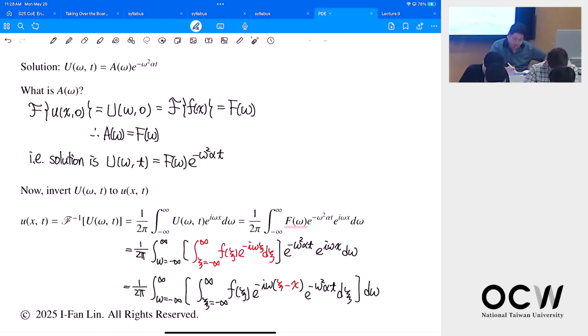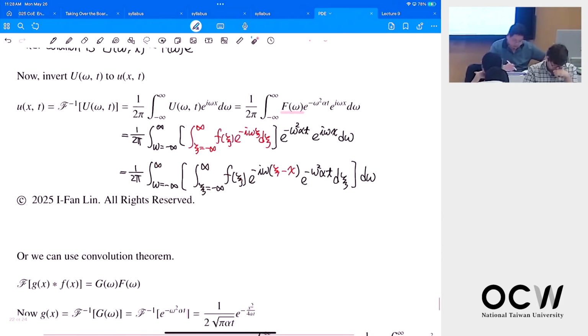But you see that actually for my solution in the frequency domain, I have F of omega times an exponential. They are also functions of omega. And you may think of this as two functions being multiplied. So multiplication in the frequency domain means that in the time domain, they are doing the convolution.